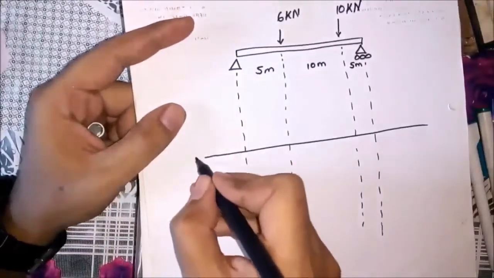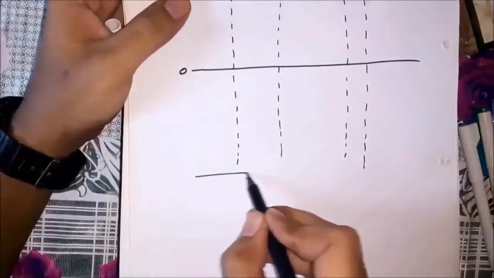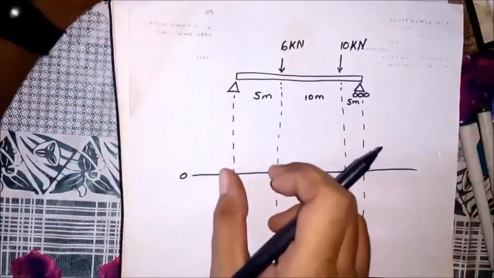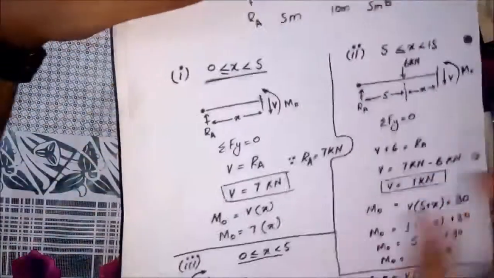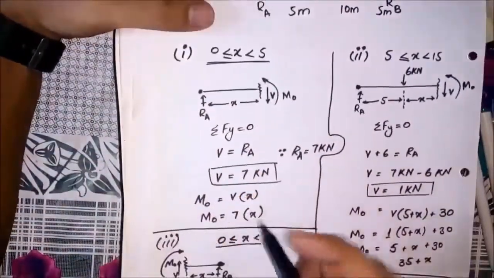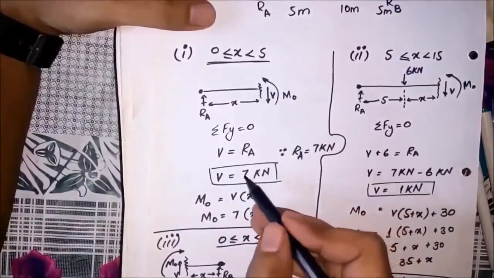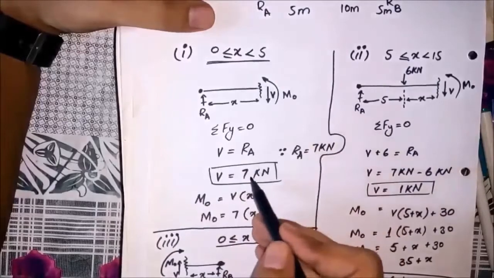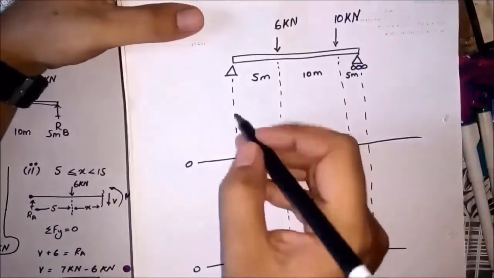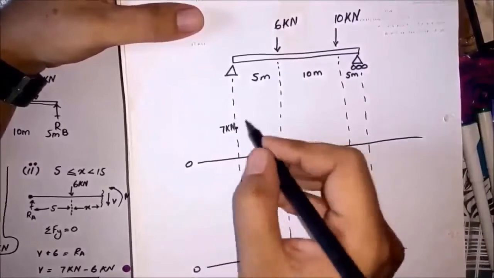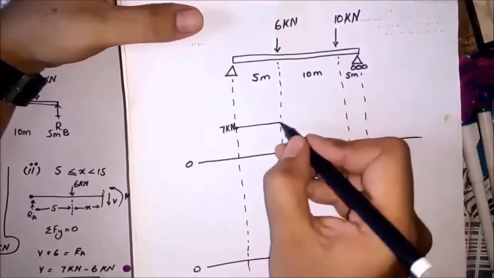This is the 0 axis line for the shear force and this is 0 for bending moment. As it is the first segment, we will see the first segment values. For it, V is equal to 7 and it is purely constant. It will be 7 throughout the first segment of the beam.